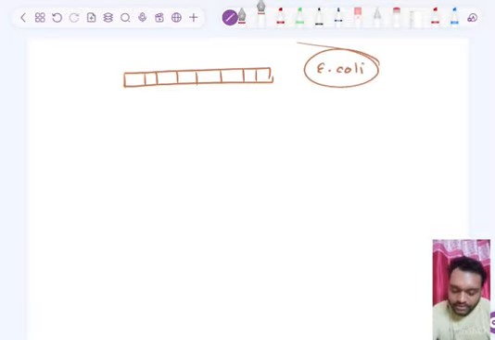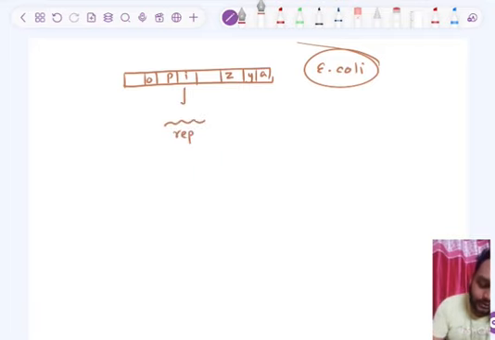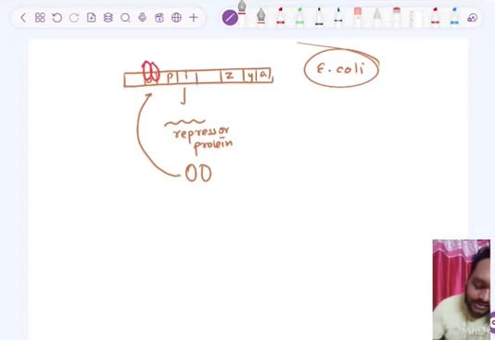There is an operator here, a promoter here, an inhibitor here, and three structural genes Z, Y, A. Basically, the inducer produces a repressor protein that binds upon the operator, like this, and inhibits the lac operon.